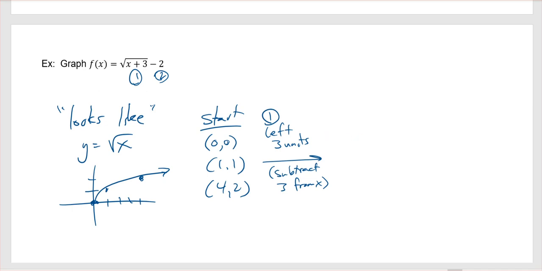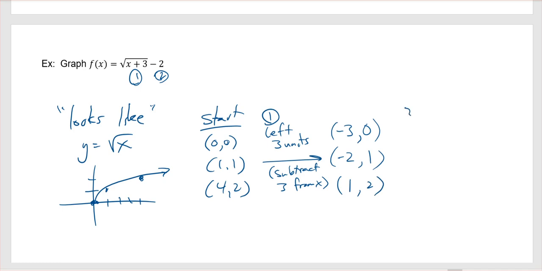We got -3, right? 0 minus 3 is -3, and the y coordinate doesn't go anywhere. We got 1 minus 3 would be -2, and the y coordinate does not go anywhere, still 1. And then our other guy, we're going to move that one left 3 units, so we go to 1, right? 4 minus 3 is 1, and then that y coordinate doesn't go anywhere.